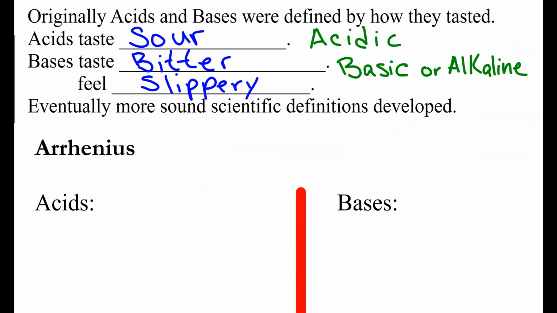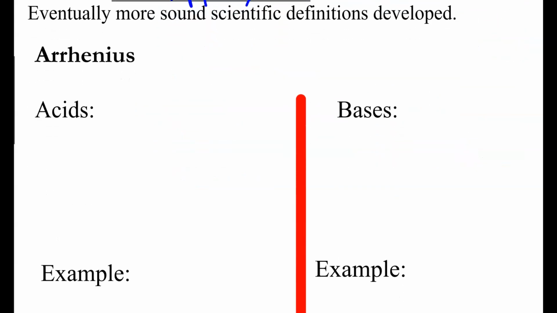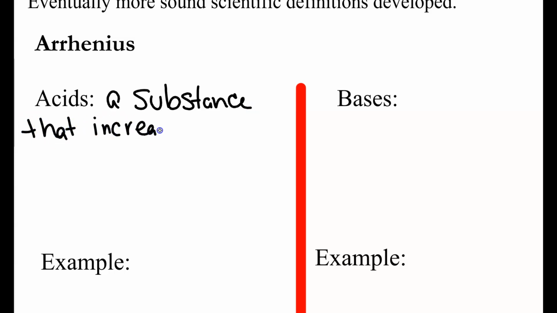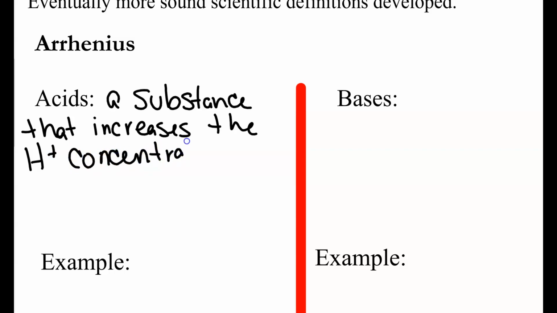So once we figured this out, Arrhenius defined acids as a substance that increases the hydrogen ion concentration in an aqueous solution.